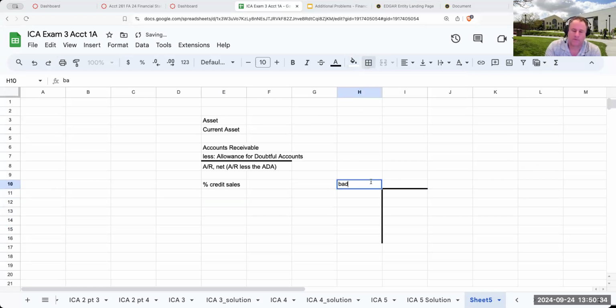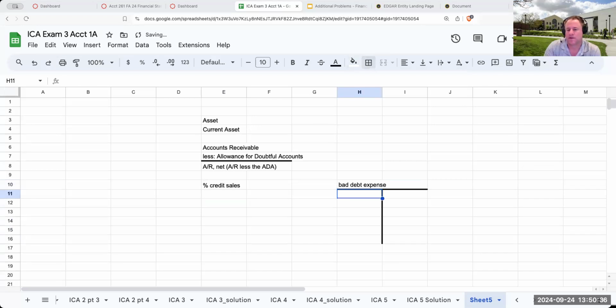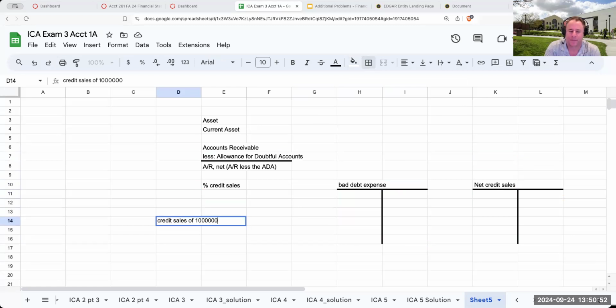basically as follows: we have our net credit sales. Say we had credit sales of $1 million, and we estimated our bad debt expense to be 5% of net credit sales.